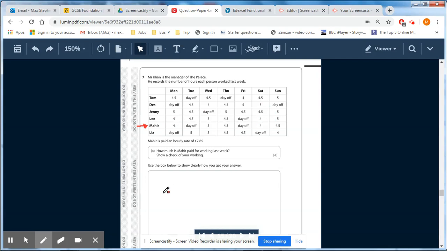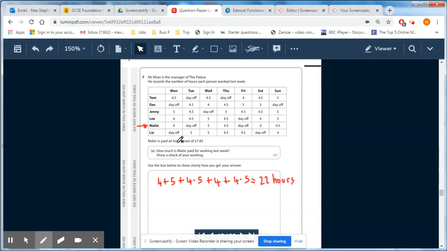So first of all, we're going to add up all of the hours. So we've got 4 plus 5 plus 4.5 plus 4 plus 4.5. So he's worked for 1, 2, 3, 4, 5 days, and I've got 1, 2, 3, 4, 5 numbers. We add that all together, we're going to get 22 hours.